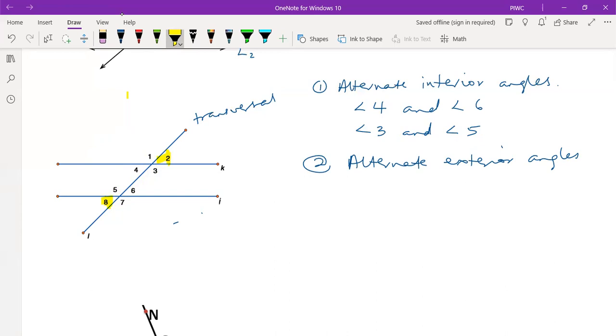So those are alternate exterior angles. Angle 2 and angle 8. Also, we can say that angle 1 and angle 7 are alternate exterior angles.